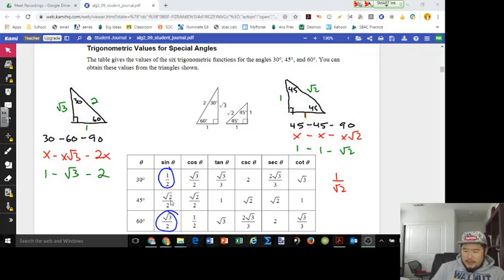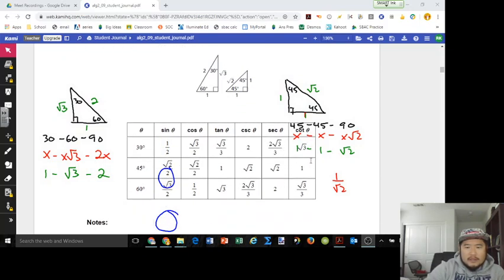If you recall, we talked about this a few times already earlier on in the school year, that we cannot have radicals in our denominator.